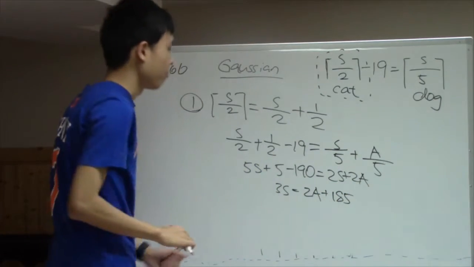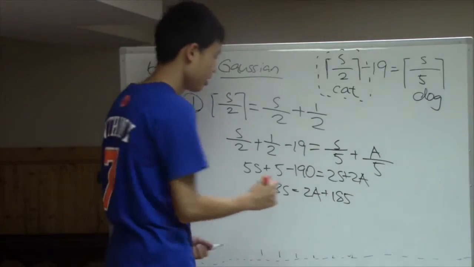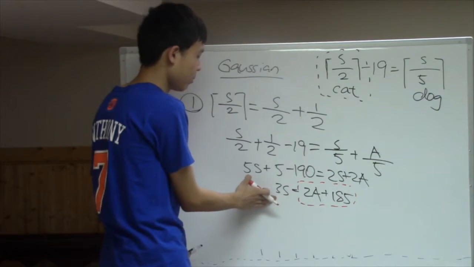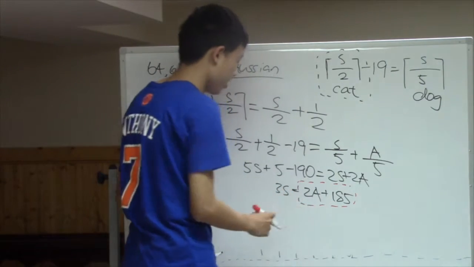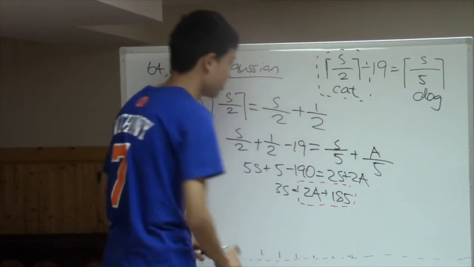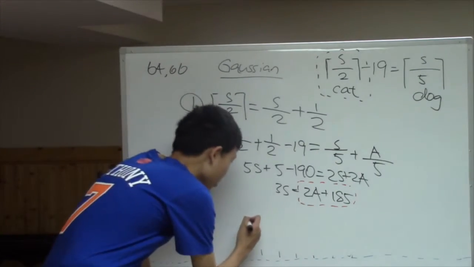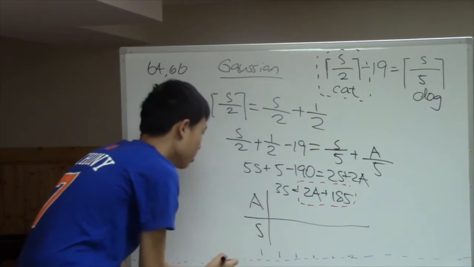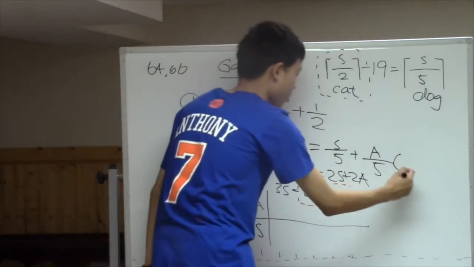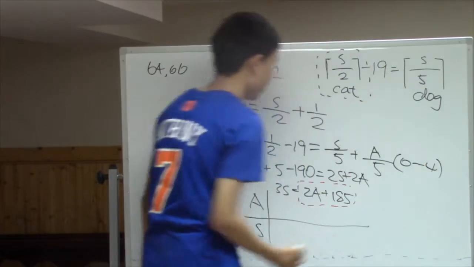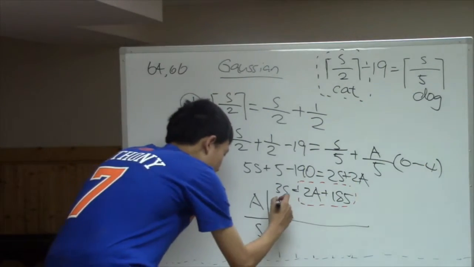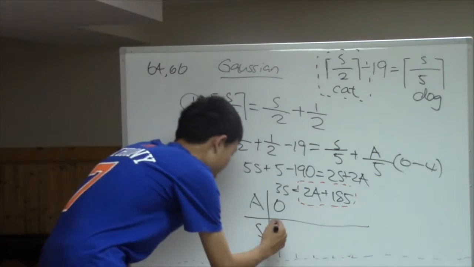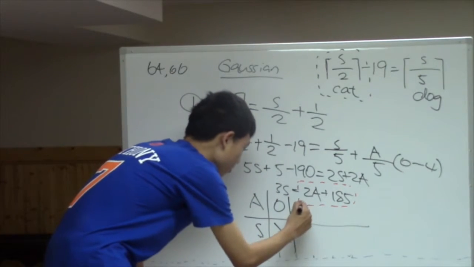So again, we meet the same situation. The right-hand side must be divisible by 3, and you get 185 plus 2A instead of 190 this time. Again, we make a chart, A and S. I forgot to mention, this is still the same domain for A. When A is 0, 185, not divisible by 3, not an integer.